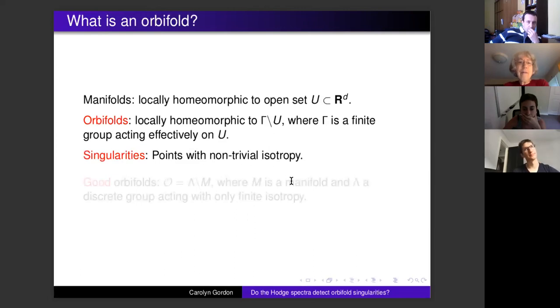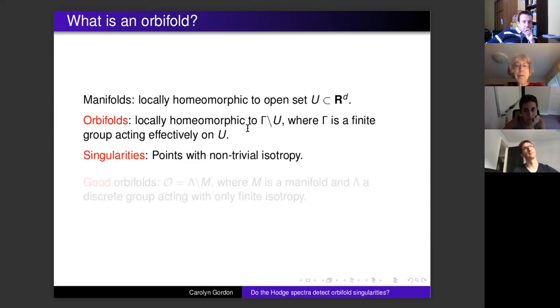So what is an orbifold? Well, of course, manifolds are locally modeled on open sets in R^n. Orbifolds are locally homeomorphic to open sets in R^n mod finite group action. The group actions can be trivial, so manifolds are orbifolds.